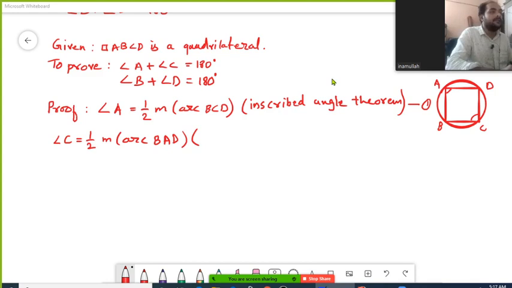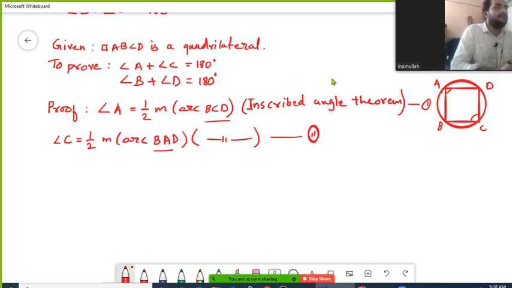Again, the same reason, the inscribed angle theorem, and this is my second set of information. Now we have two pieces of information. Angle A is half of BCD and angle C is half of BAD by the inscribed angle theorem.